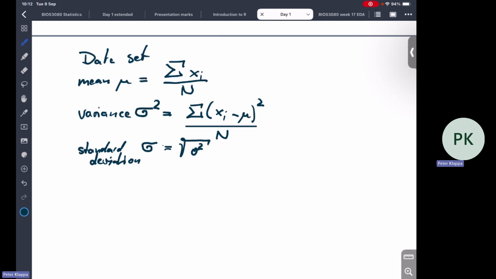Let me put this into context. Let's say I take measurements. I measure the height of, say, 10 people here, and I record that. Who cares? Who gives a damn about it?